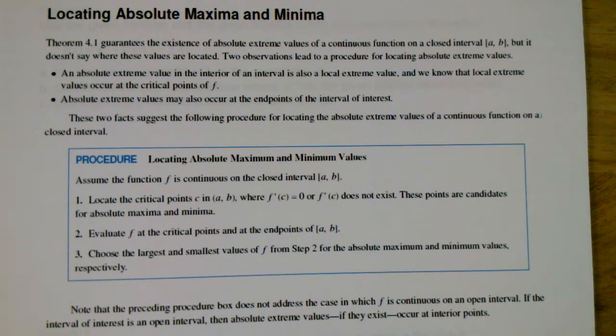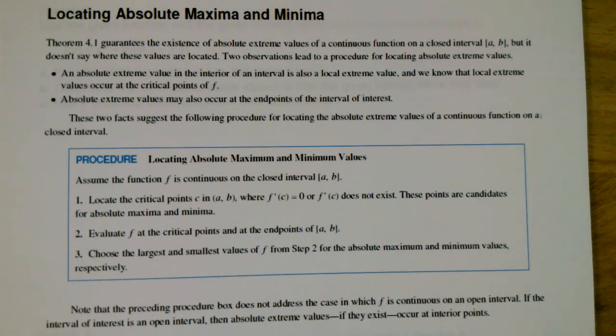Now, Theorem 4.1 that we just got through talking about at the beginning guarantees the existence of absolute extreme values of a continuous function on a closed interval a, b, but it does not say where these values are located. Two observations lead to a procedure for locating absolute extreme values.